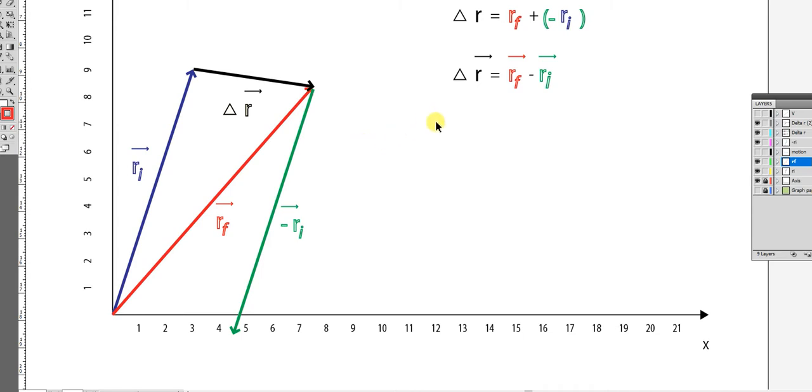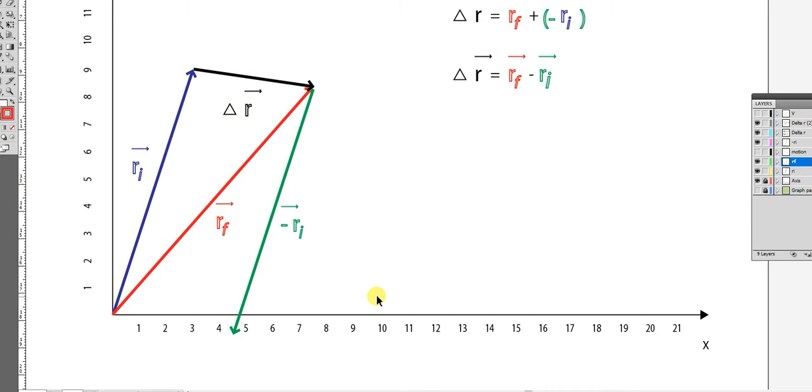No, we are doing RF plus minus RI. So we are just adding two vectors, but now the vector name is minus R. So it is RF plus minus R. This is the tail of RF, and this is the head of RF. We bring the tail of minus RI and put it at the end of RF, and then we find the result. That's what we did last time using graphs.